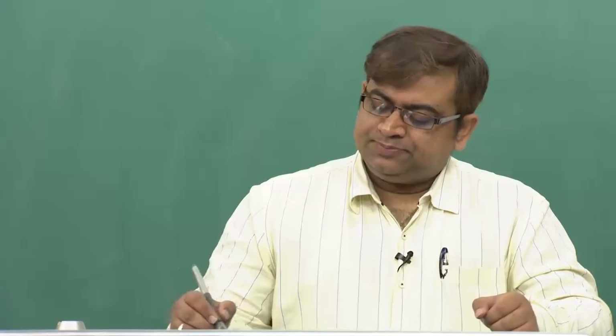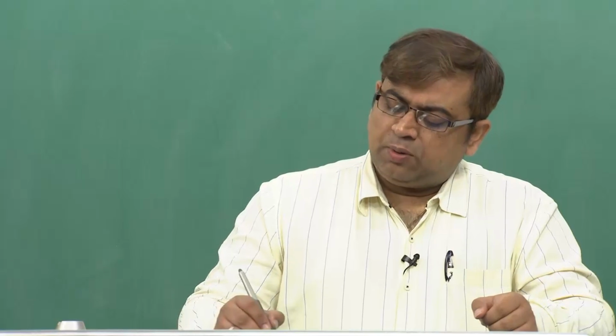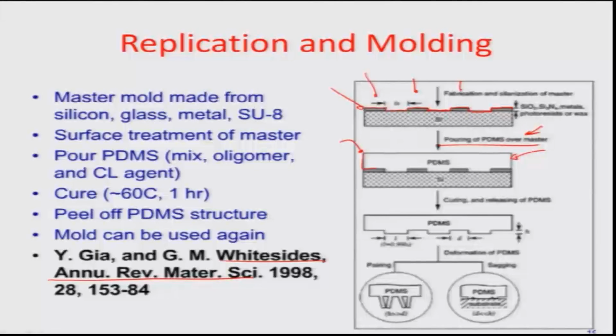So this polymer is poured after mixing over this particular micro mold, and then heat cured, and after it is heat cured, the rubbery membrane can be removed off the silicon mold. Typically the idea here is that the mold should be reused again and again, so that's why it's more like a rapid fabrication strategy.